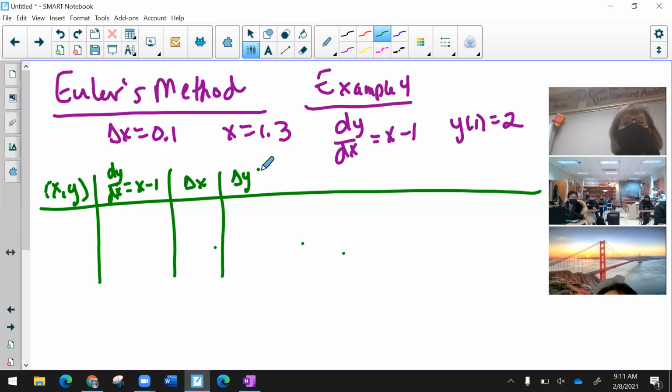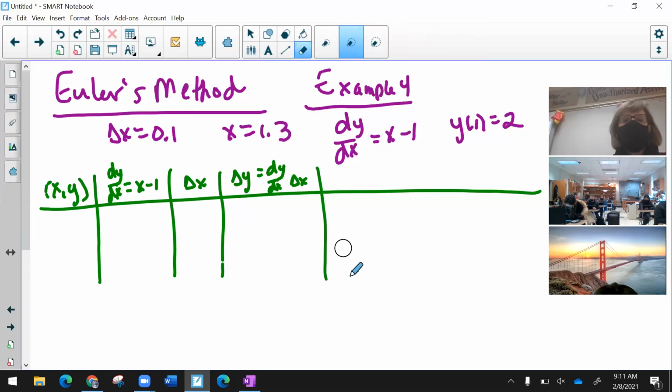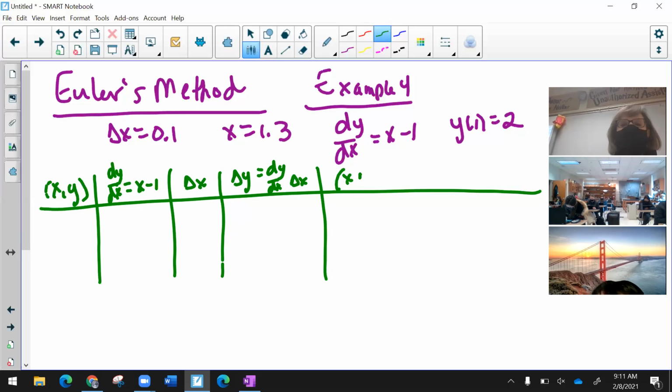And I'm going to calculate what that means in terms of a change in y. And then I'm going to write down my new point, which is x plus delta x, comma y plus delta y. And I'm going to do this as many times as I need to get to my new point.